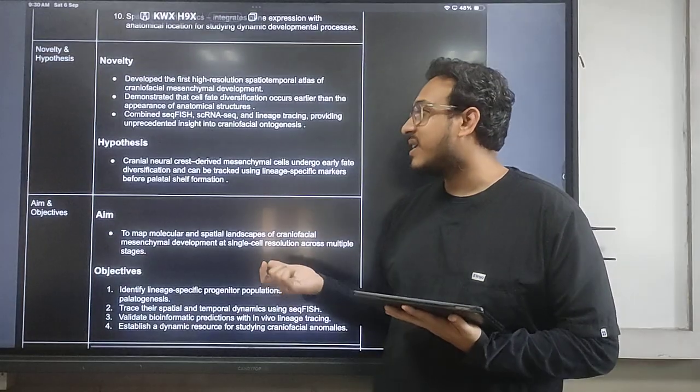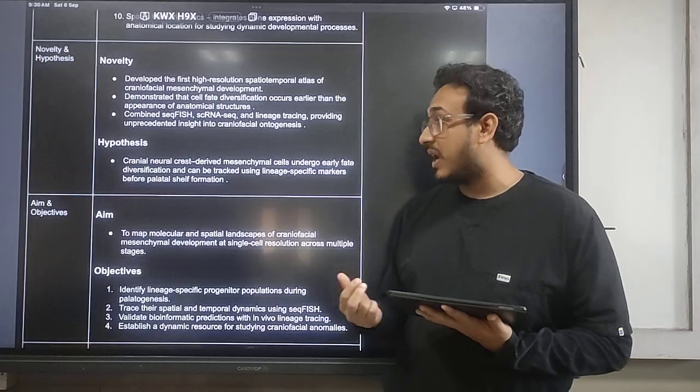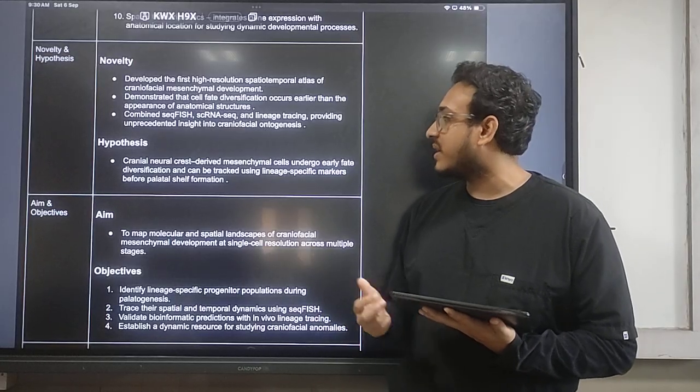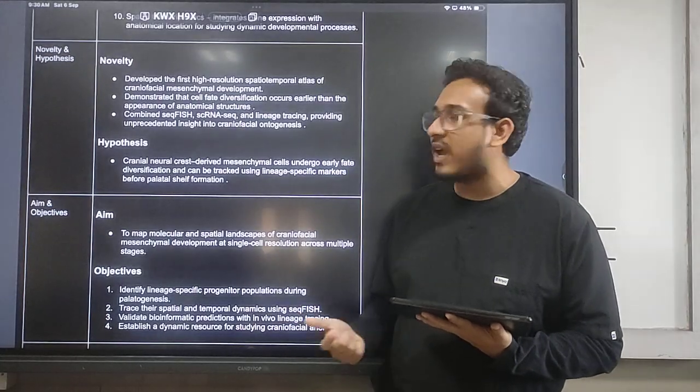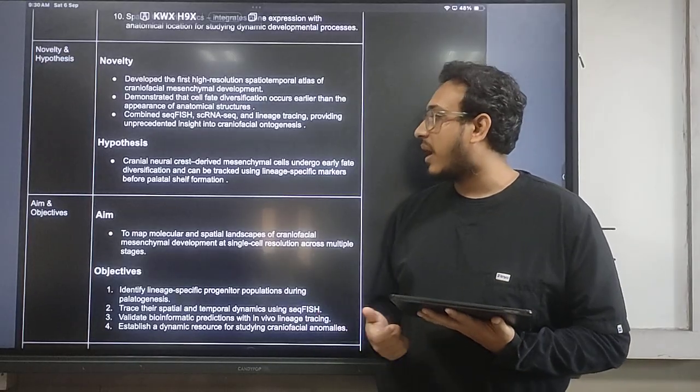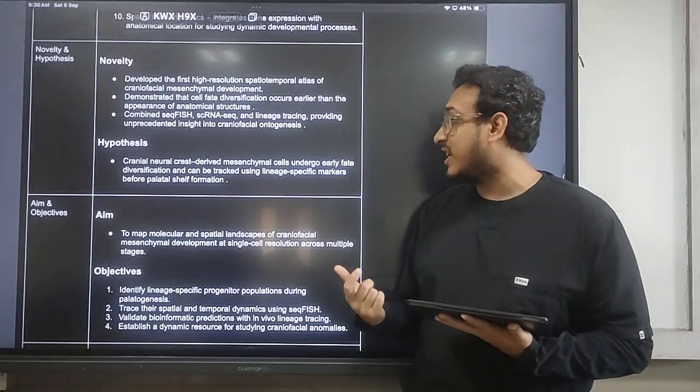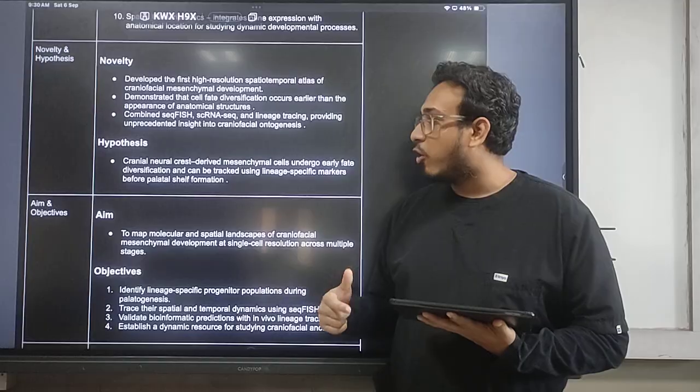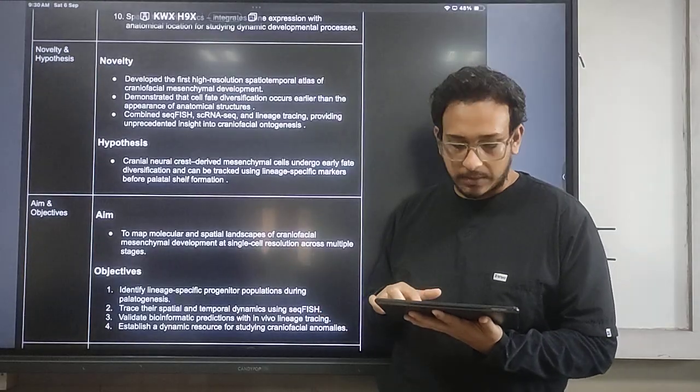So they hypothesized that the cranial neural crest derived mesenchymal cells undergo early fate diversification and can be tracked using lineage specific markers before palatal shelf formation.